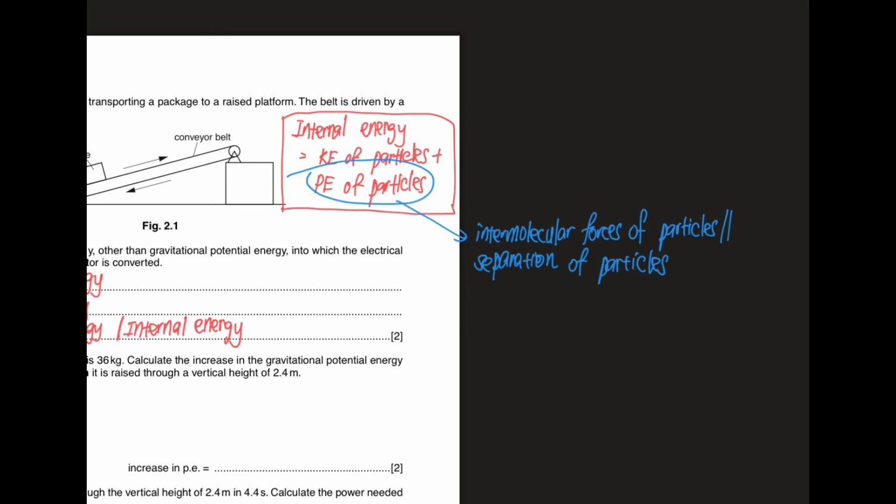So that affects the potential energy. For example, if the particles are further apart, potential energy will increase.